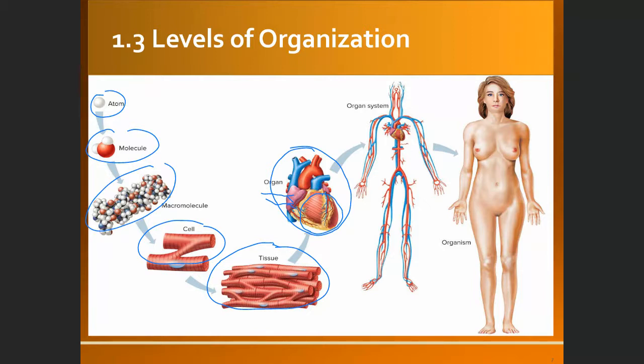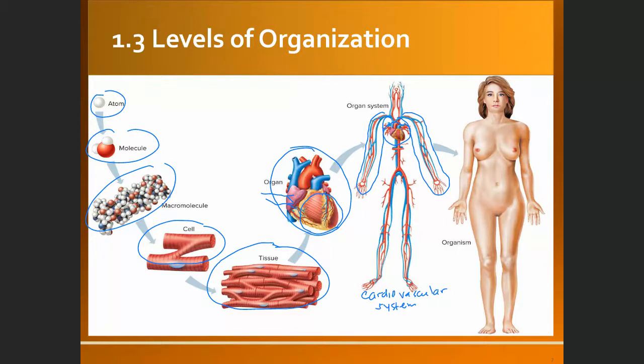For example, in this case, the heart, which is an organ, and the blood vessel, which is another organ. So two organs over here create a system called the cardiovascular system, which is the system that consists of the heart and the blood vessels.